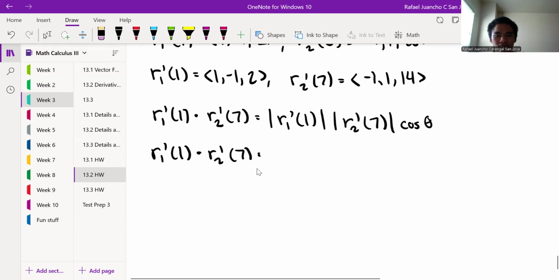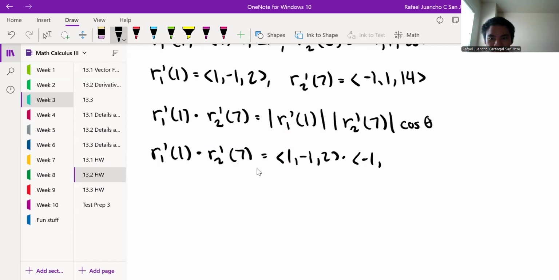I'm going to get their dot product. So 1, negative 1, 2, multiplied by negative 1, 1, 14. This is going to give me 1 times negative 1, negative 1, plus negative 1 times 1, minus 1. 2 times 14, that's 28.